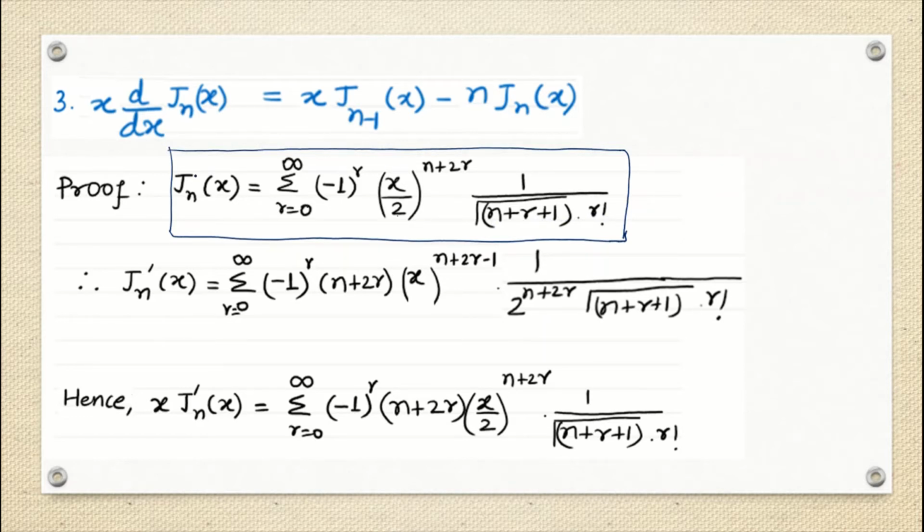This is my Bessel function of order n, where r takes values from 0 to infinity and we get the summation, n is the order of the Bessel function and x is the variable.